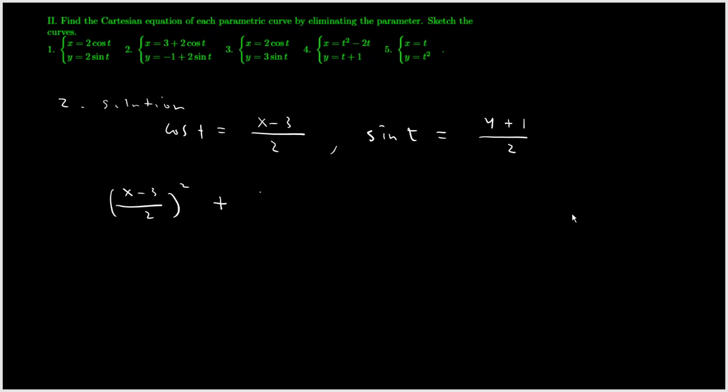And then plus y plus 1 over 2 the whole thing squared. This is sine of t squared. This is cos of t squared plus sine of t squared, the same as before. I wrote it kind of backward from the other question. So this is 1.